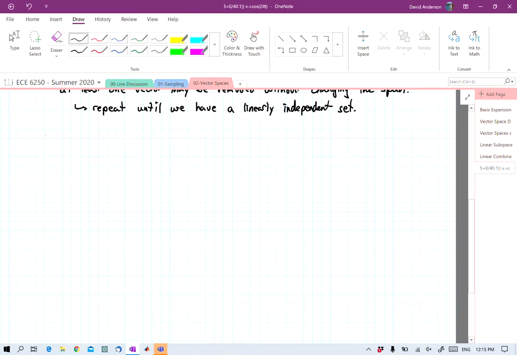Since we can always take a set of linearly dependent vectors and consolidate or remove vectors until we are down to a linearly independent set, this gives rise to a property that we're going to close out with today, and that is the concept of the minimum number of vectors that we need to span a space.